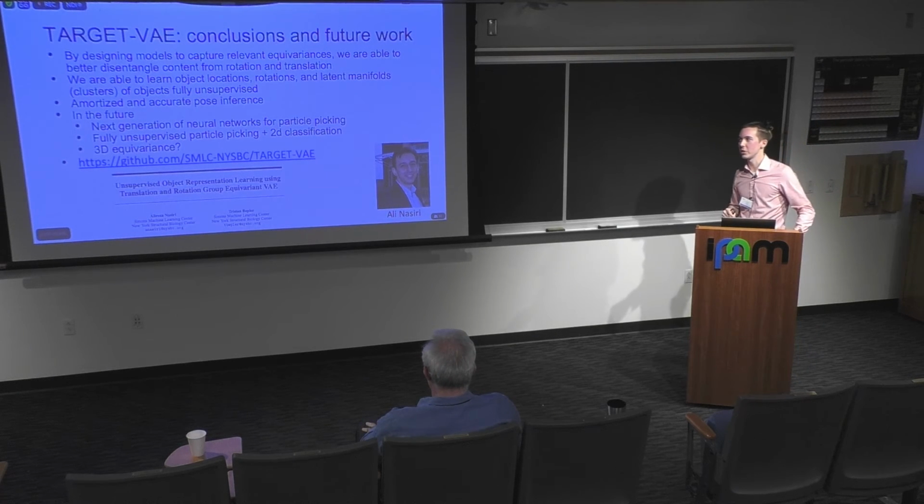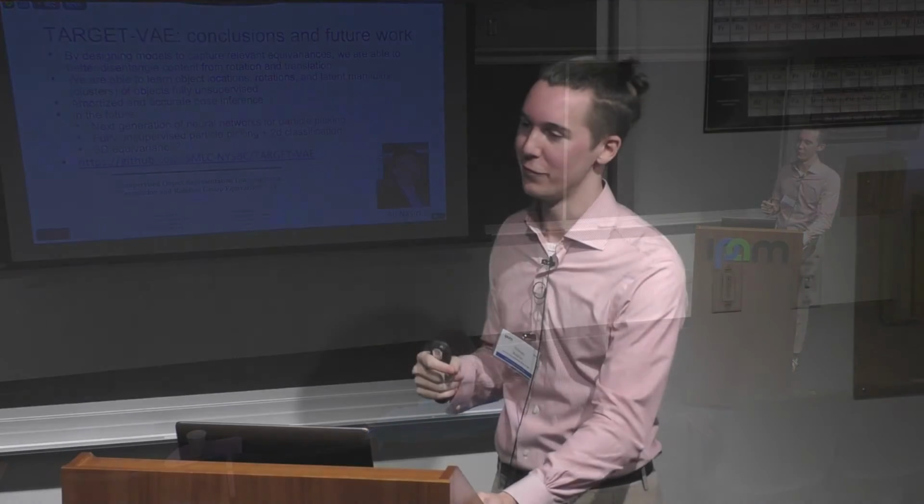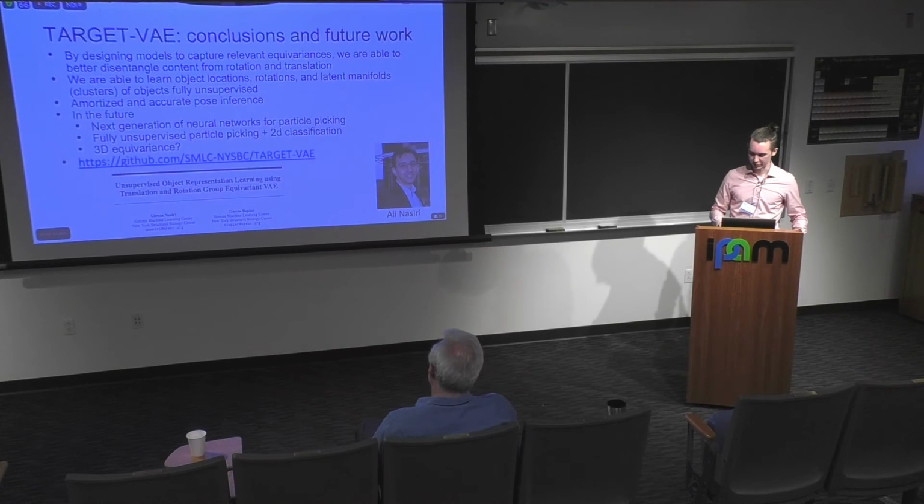In the future, maybe this can underpin some next generation of particle picking algorithms, where we can potentially do fully unsupervised particle picking. And then 3D equivariance: how do we take networks like this and make them SO(3) equivariant, to use them for inference of pose and reconstruction? Those are some exciting next steps.